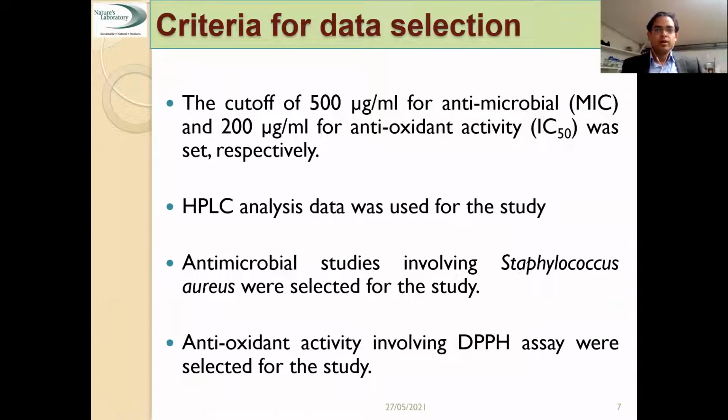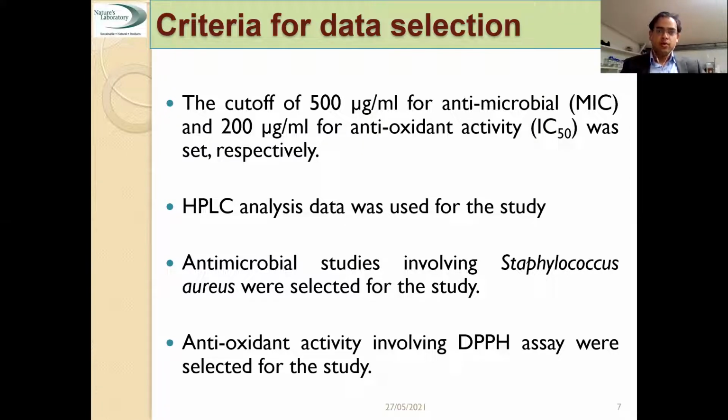While selecting and rejecting the literature, for the studies which we wanted to incorporate in our model, we had set some parameters. If the antimicrobial activity of a particular sample had an MIC higher than 500 microgram per ml, we rejected that.